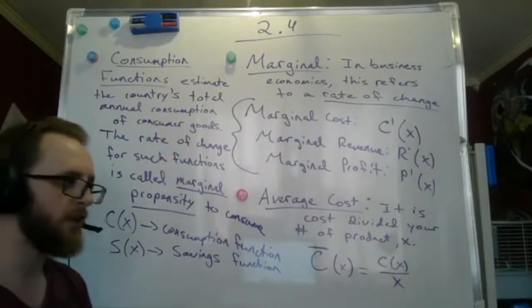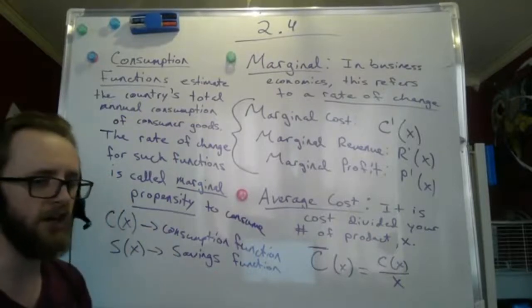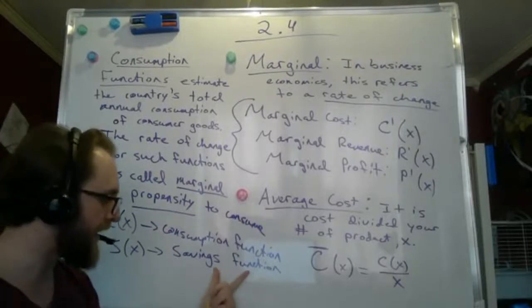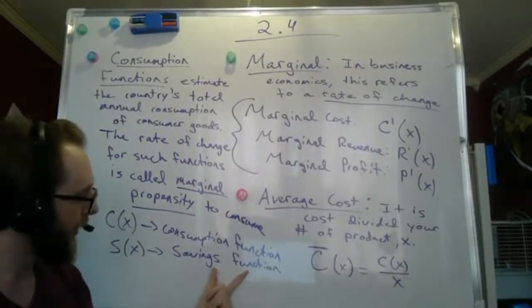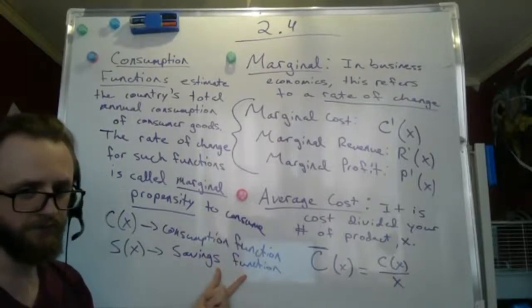So maybe this is a product that's produced and then it's not eaten or it's not used, and so it's saved that year. So this includes any gains of a particular product and whatever amount of product is not used that year.